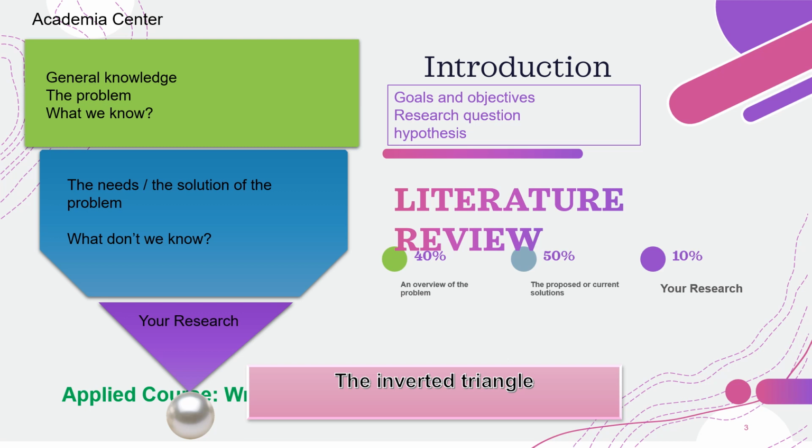So, in fact, when we prepare to write the introduction, we read about general knowledge. We read about the needs of a solution to a certain problem, and then we can find our research.